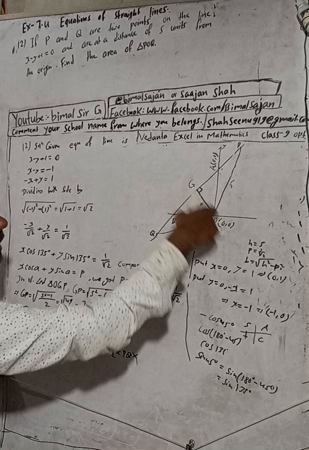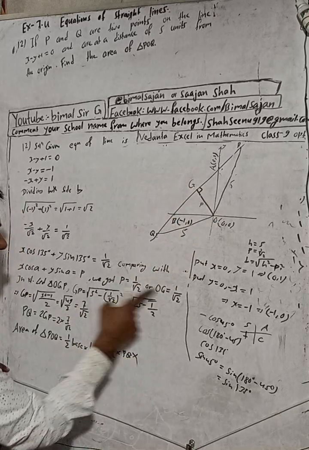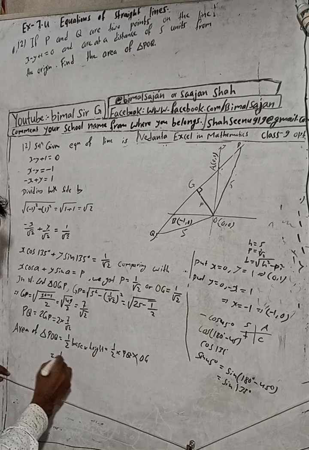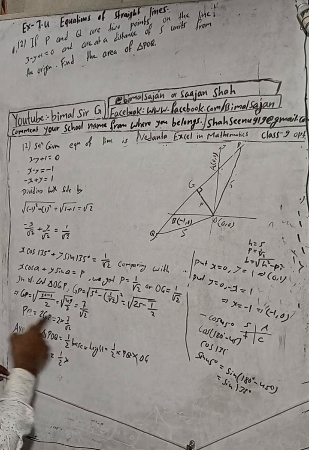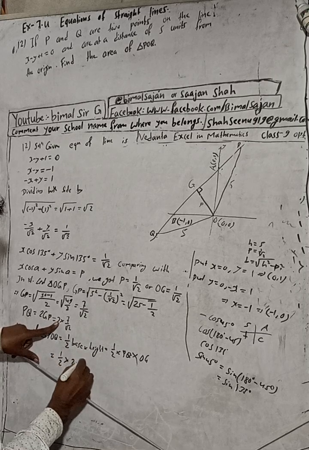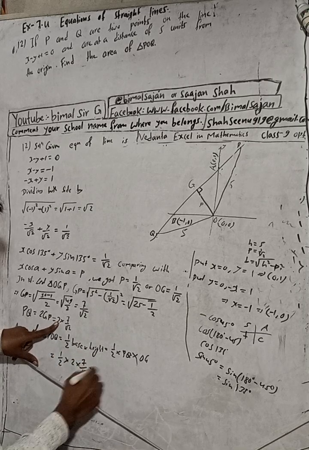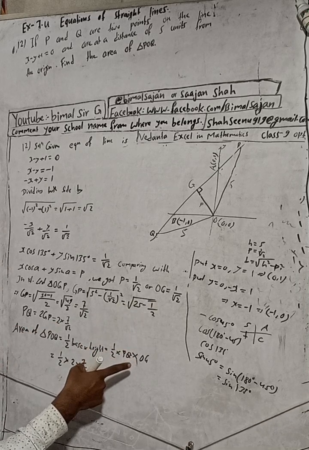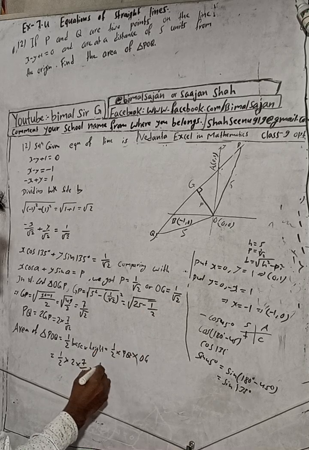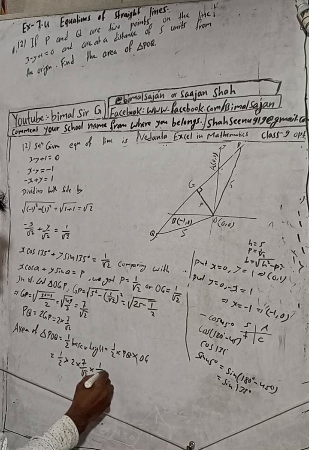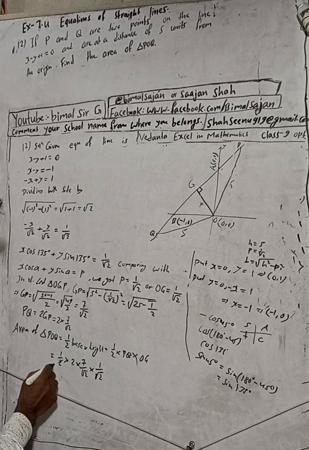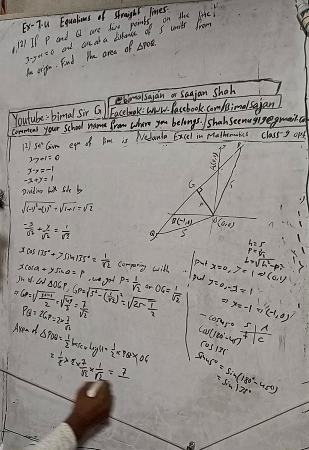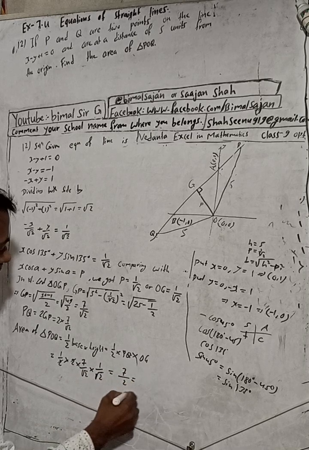Our height is OG. Now put the values: half into PQ, and PQ value is 2 into 7 by root 2, into OG. OG value is 1 by root 2. So I can see here this 2 cancels. Now 7 into 1 is 7 by root 2 into root 2, that means 7 by 2, which is 3.5.